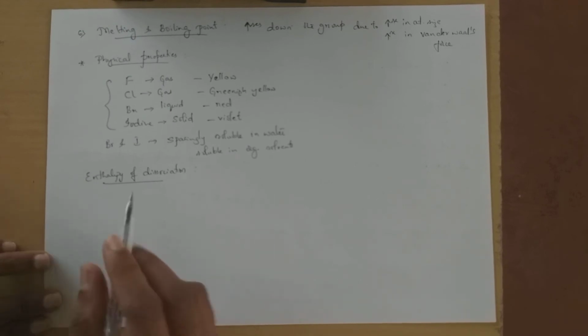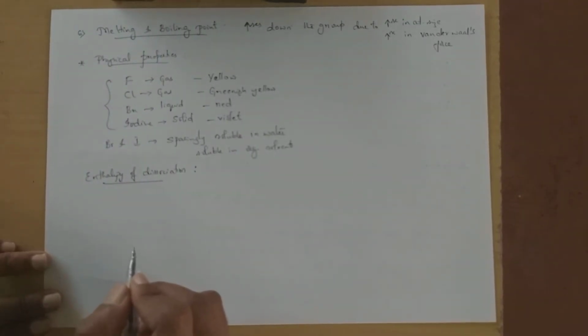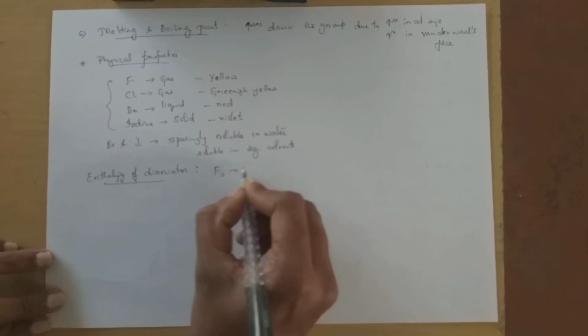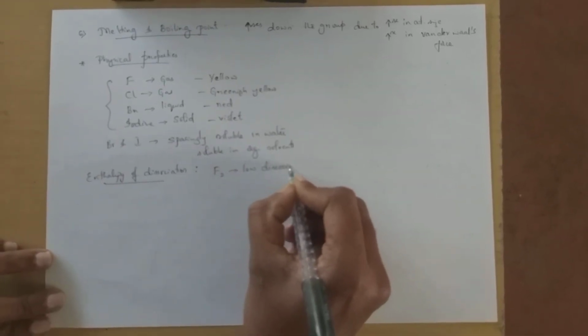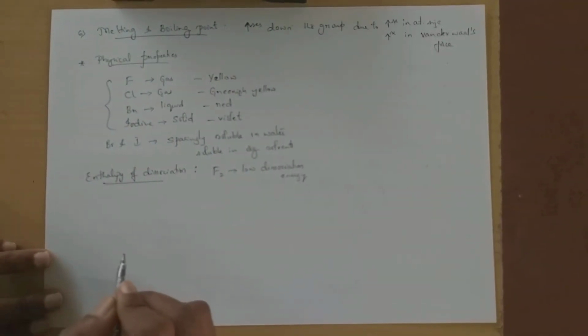Basically fluorine has low dissociation energy compared to chlorine. That is due to the lone pair electron repulsion in fluorine.